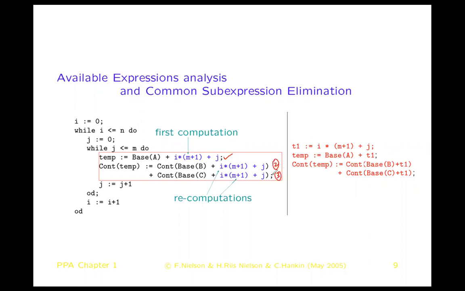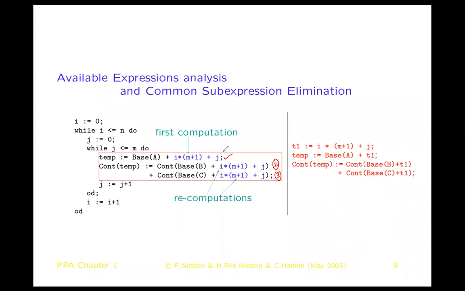So the second and third computations are recomputations of the same expression. But at the source code level, these recomputations are not exposed to us. Only after you lower the source code to a form closer to the machine, these recomputations are exposed. So how can we eliminate these recomputations?